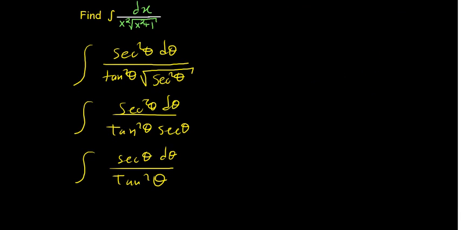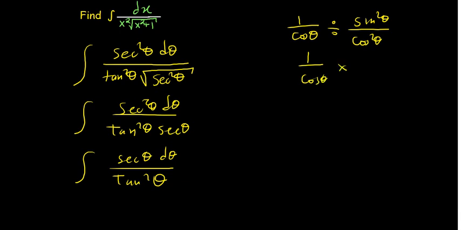Now from here we are going to simplify this. On top we have got sec, and we know that sec is 1 over cos theta. Instead of me saying over, let me say divide by. And then down we have got tan squared. What is tan squared? It's the same as sin squared theta divided by cos squared theta. And this I can write as 1 over cos theta times cos squared theta divided by sine squared theta.